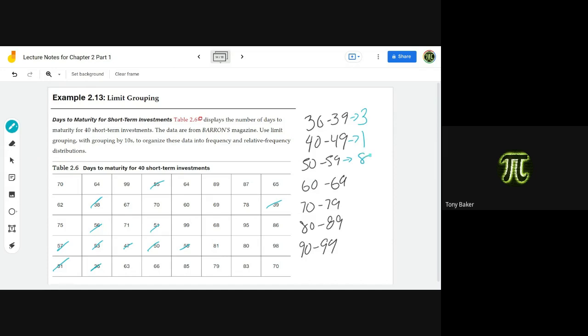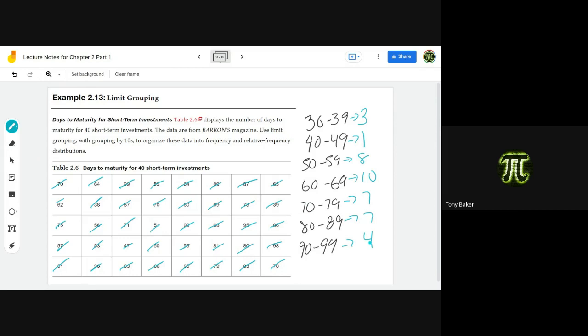I got 8 there. 1, 2, 3, 4, 5, 6, 7, 8, 9, 10. 1, 2, 3, 4, 5, 6, 7. 1, 2, 3, 5, 6, 7. 1, 2, 3, 4.